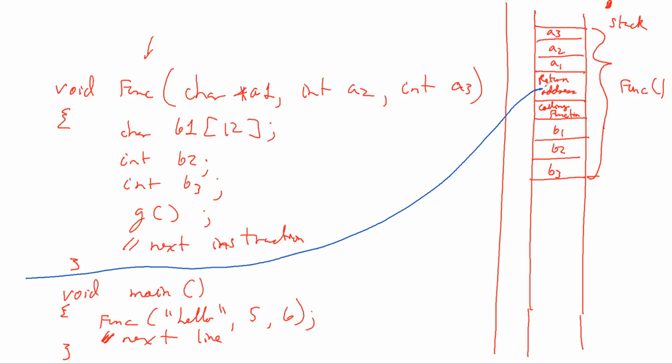Does it go to the next line in void main? Yes, very good. Excellent. Good job. It goes there. That's the next instruction. So it's important to understand this flow.